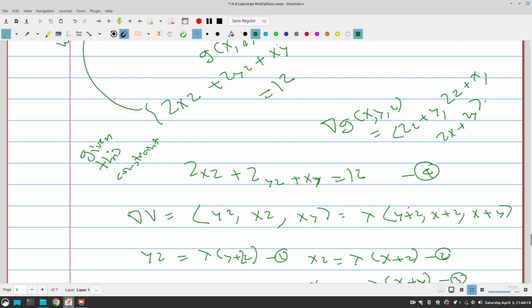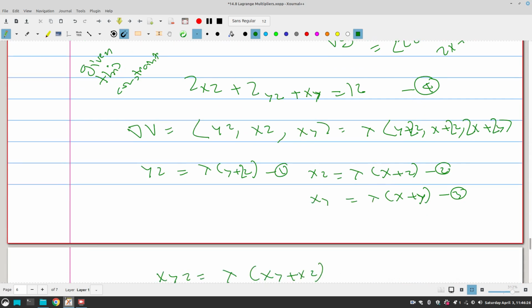So twice z plus y, twice z plus x, and twice x plus twice y. So y plus twice z, x plus twice z, and xy should equal 2 lambda x plus y, right? Let's see if I've gotten the constraints right this time around.